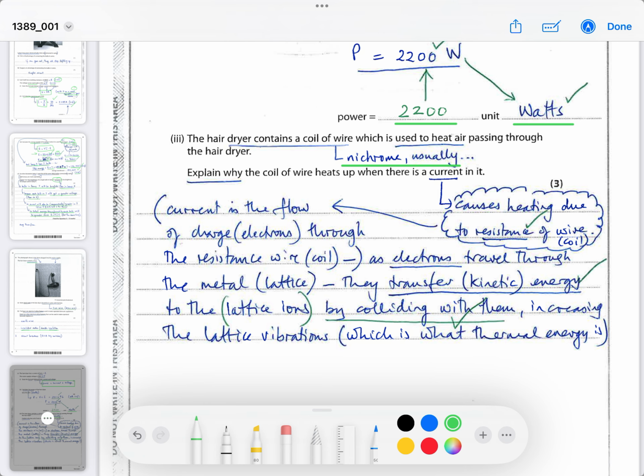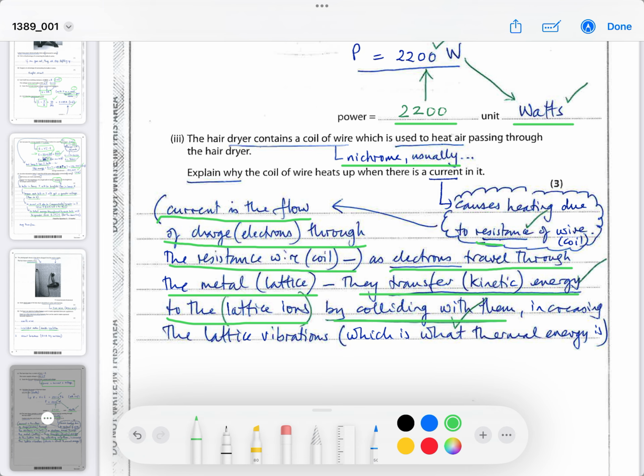So current is the flow of charge through a resistance wire. So that's the basic fact. As electrons travel through the metal lattice, the ions if you like, they transfer kinetic energy to the lattice ions by colliding with them. That's another mark.